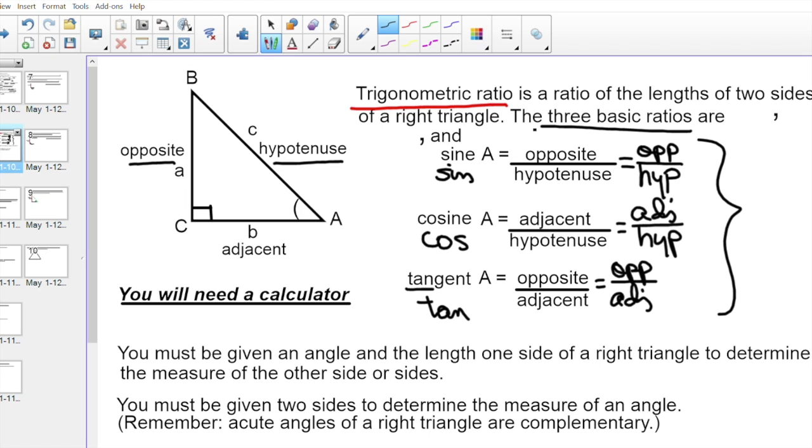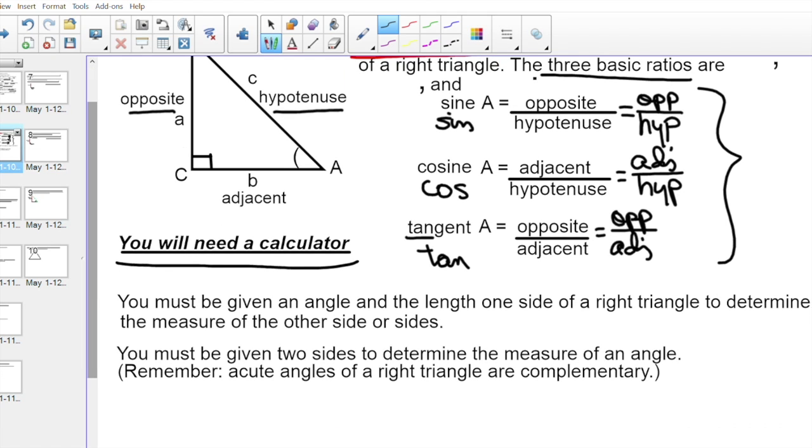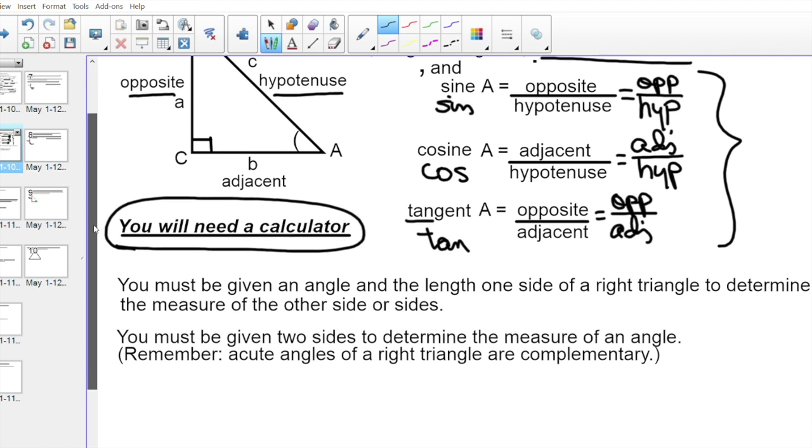So that's why I say to you, you will need your calculator to determine the answer to these problems. And of course, when it comes time to calculate them, I'll put a little time on showing you how to use your calculator.